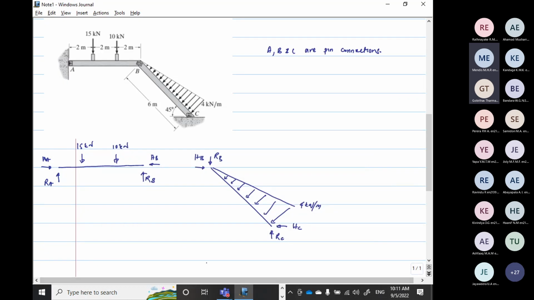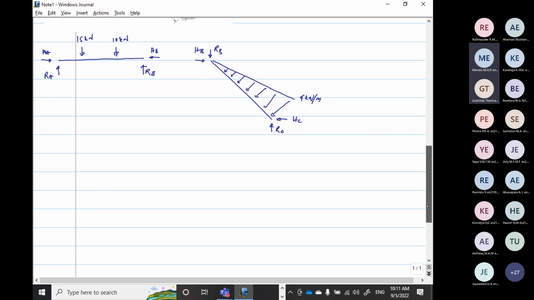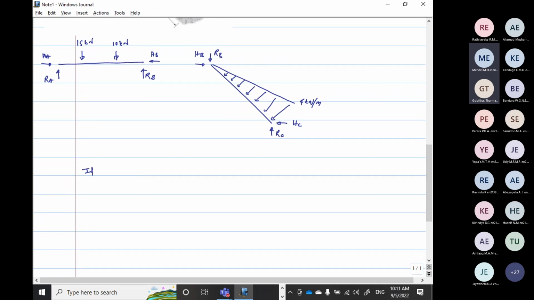Okay, so if we consider element AB, then if you balance vertically, you have RA plus RB minus 15 minus 10 equals 0.